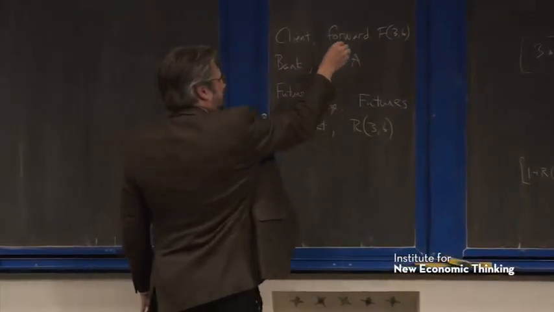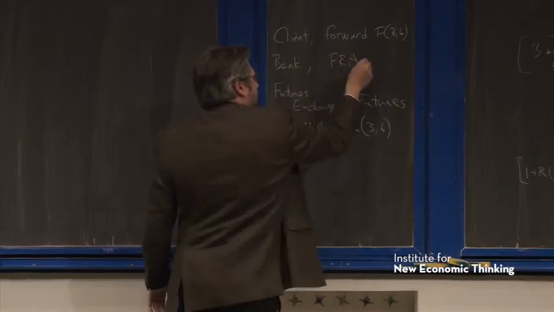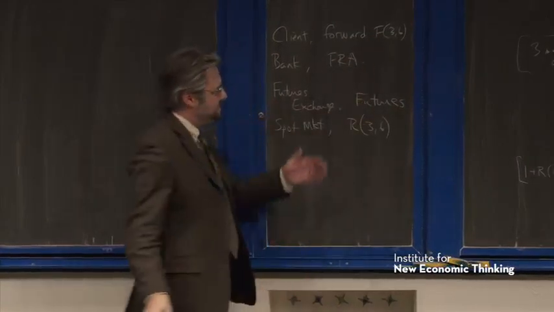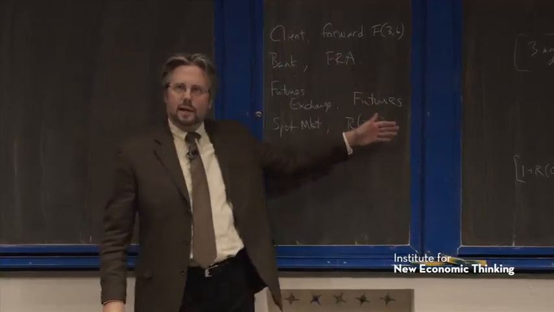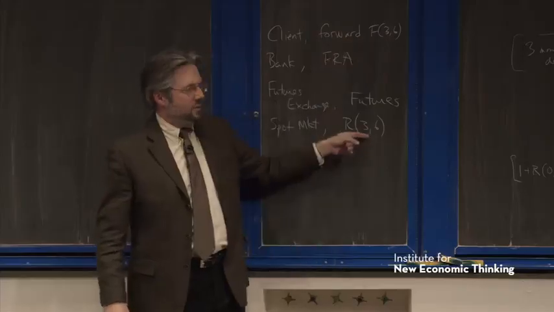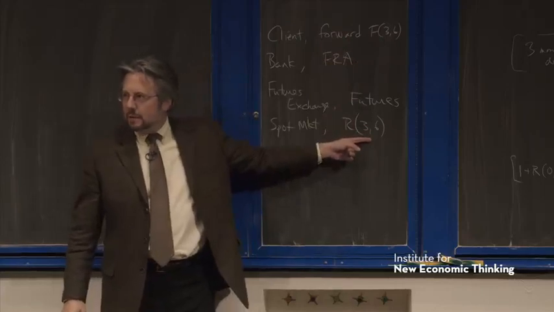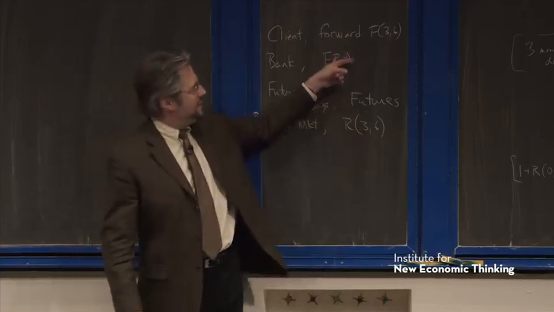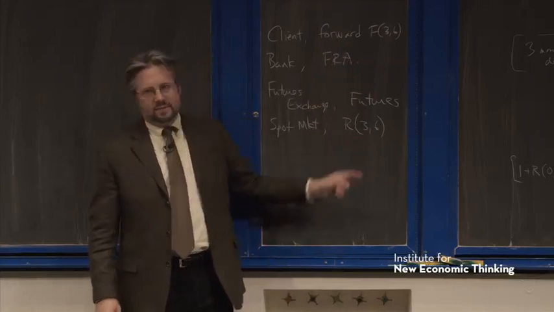They are going to take this on their own balance sheet. So what we have here is a sequence of hedging transactions, which makes sense only if the forward rate is greater than the expected spot rate here, and each one of these takes a little piece of that difference.